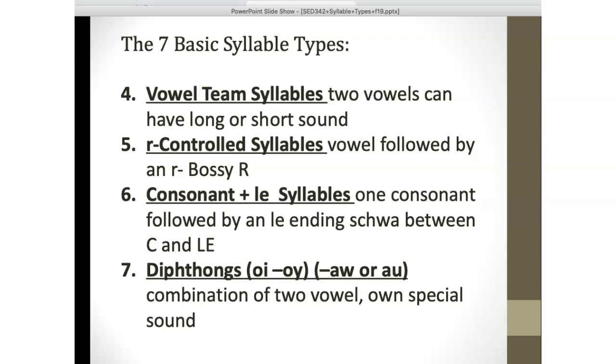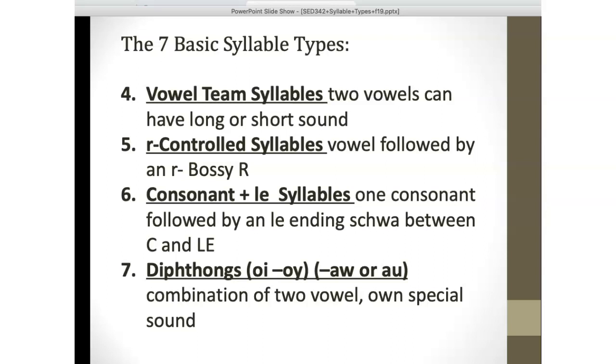Consonant LE, that's one consonant followed by an LE, ending with a schwa between the consonant and the LE. We'll talk about schwas later. I hate the schwa because it changes the sound, and we'll talk about that later.